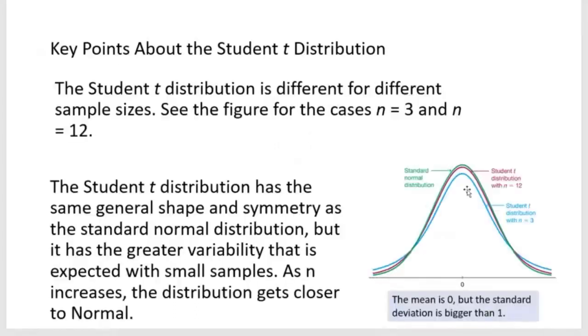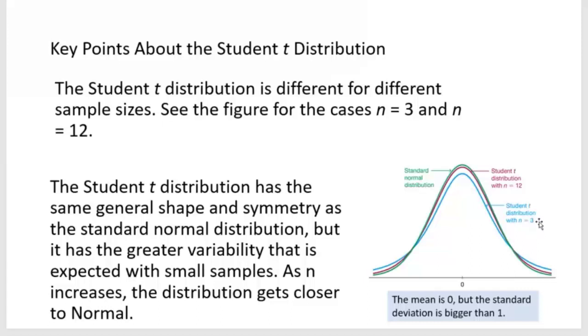Here's something else you can see just about it. I said it's not exactly normal. We have a green line here that would show the curvature of the normal distribution. The student changes depending on how big your sample size was. And if the sample size is 3, sample size is really small, what happens is on the edges, the graph ends up being taller, but then it is shorter than the normal one in the middle.